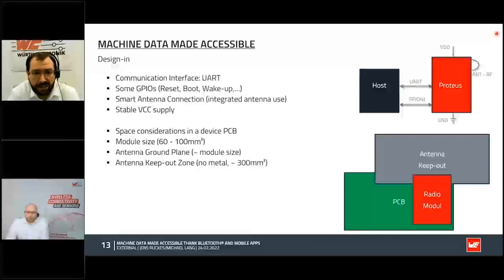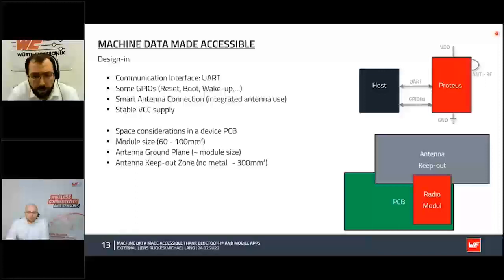So this is quite small, and if that's enough for my application, that would be too easy, wouldn't it? One general rule of thumb is that each antenna on the module needs a ground plane as a counterweight to the antenna itself, which is typically in the size range of the module itself.